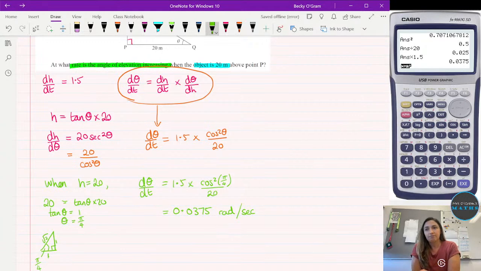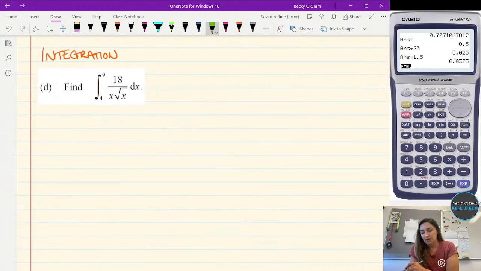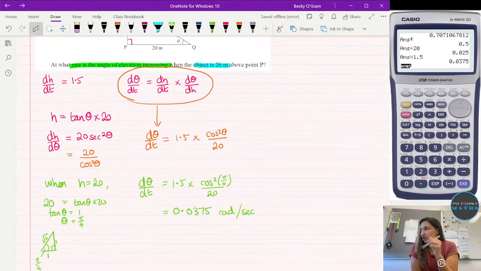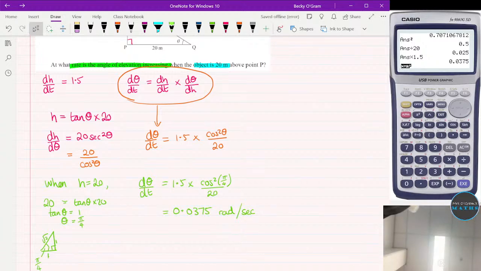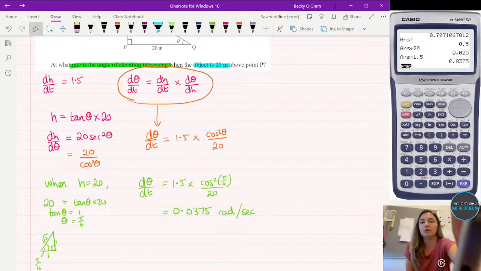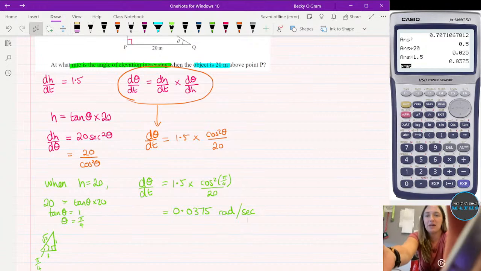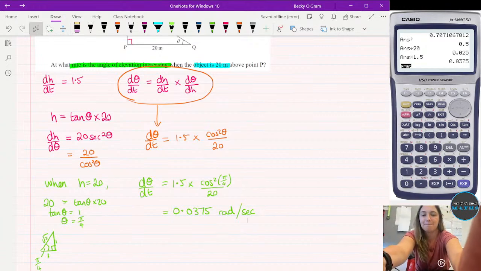All right, integration. Oh, I did just want to go back. I'll just check where the achieved mark was in there. A correct expression for dh by d theta. So I'm trying to just prop this up for a webcam at the minute.